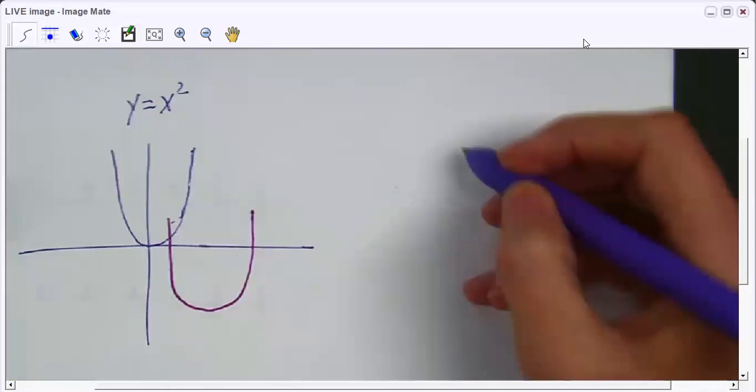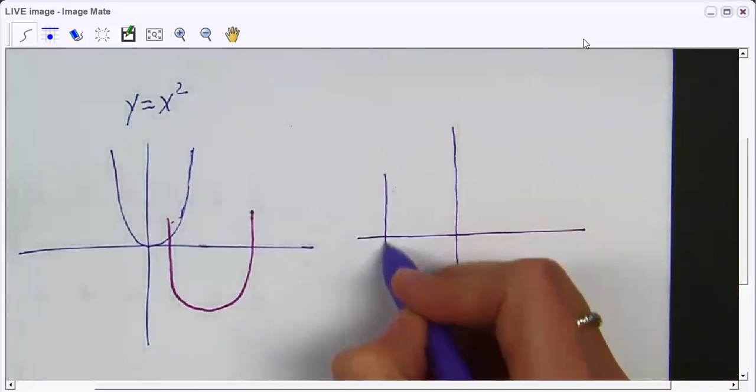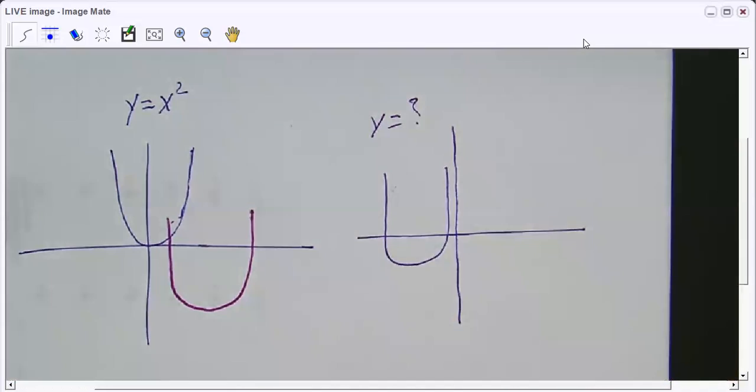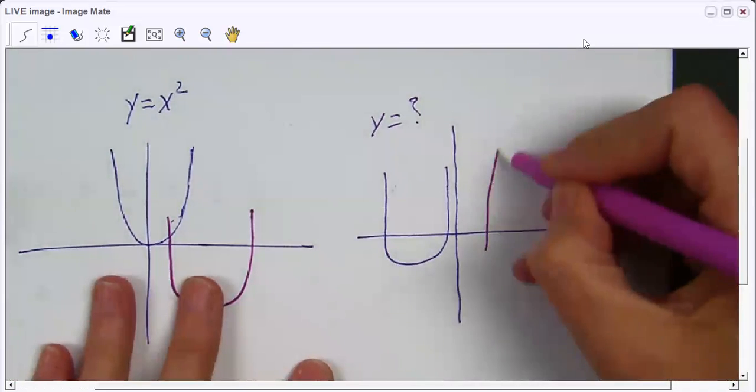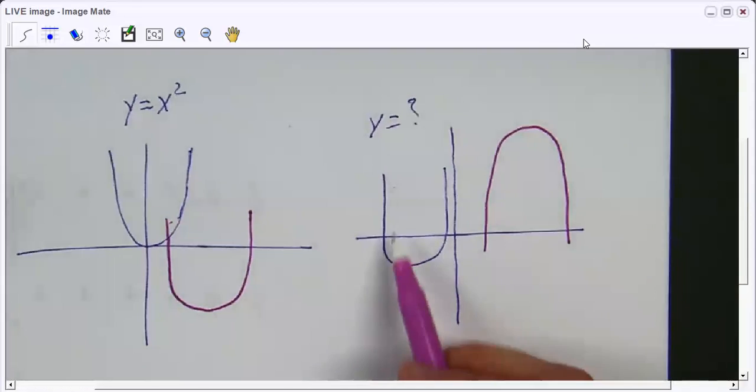Now, if I had a graph and I had a function like this, well, this is y equals something. I don't know what it is, but I asked you to translate or transform this one and it ended up coming over here like this. This is my parent function.